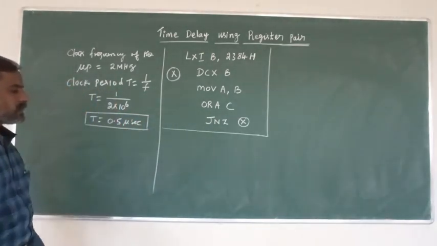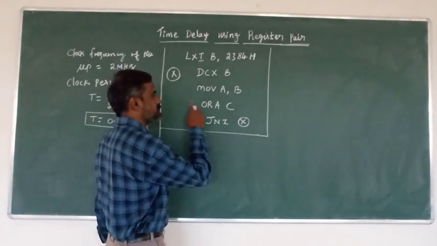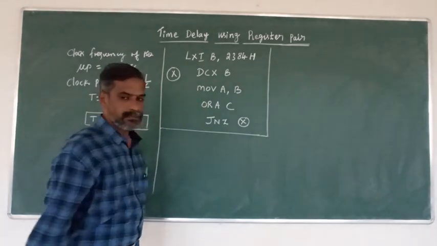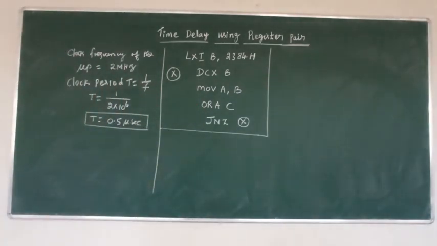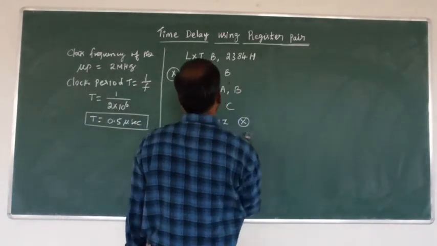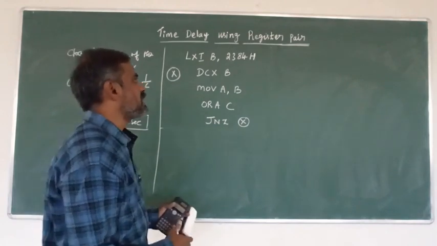Next, to calculate the loop T states. First, LXI B, 2384H.